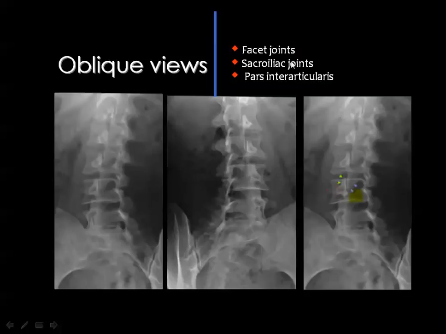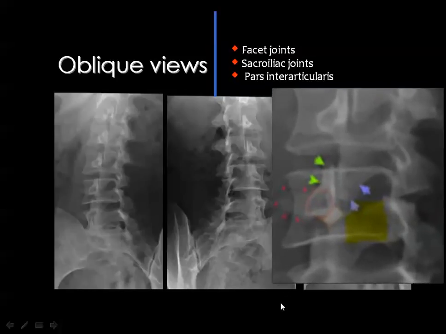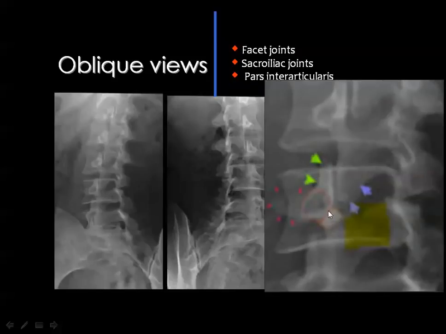Also, we can evaluate the sacroiliac joints in the oblique view better than in the anteroposterior view. And this oblique view is good for evaluation of the pars interarticularis, which is the junction between the pedicle and the remaining part of the neural elements.